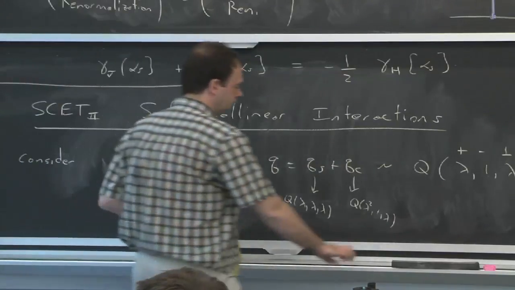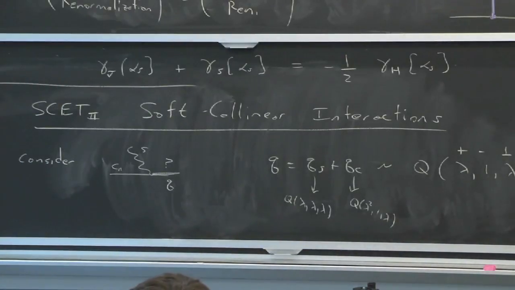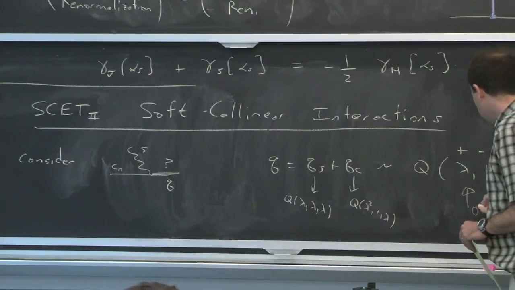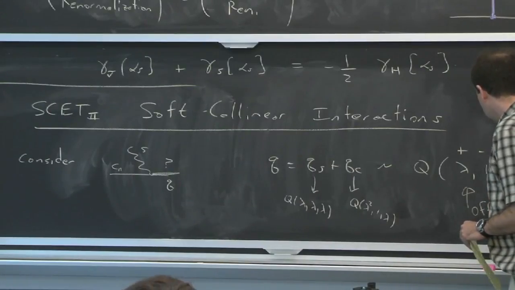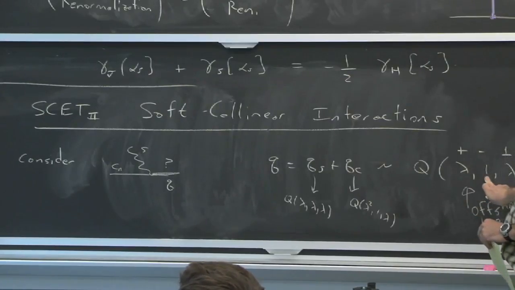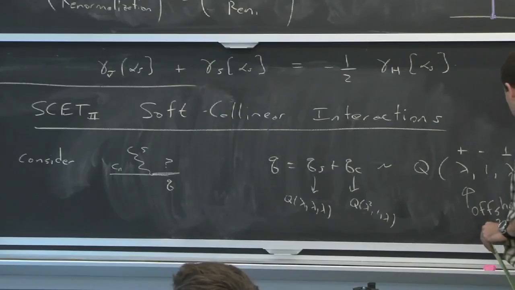OK? And that's actually much different than what we found when we added ultrasoft and collinear. Because when we added ultrasoft and collinear, we got back collinear. Here, we're not getting back collinear. This is actually off shell from the perspective of our low energy modes. Because q², the biggest part of q² would be 1 times λ. q² is of order λ, which is much bigger than λ².